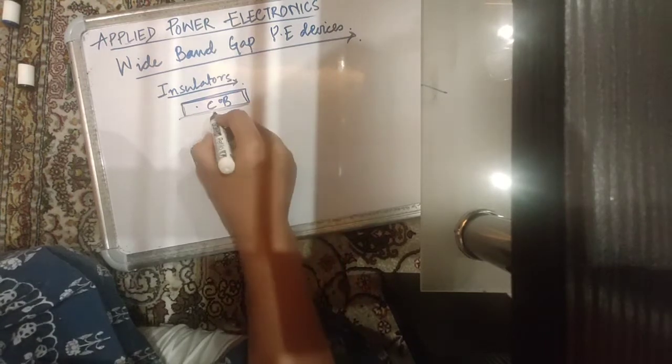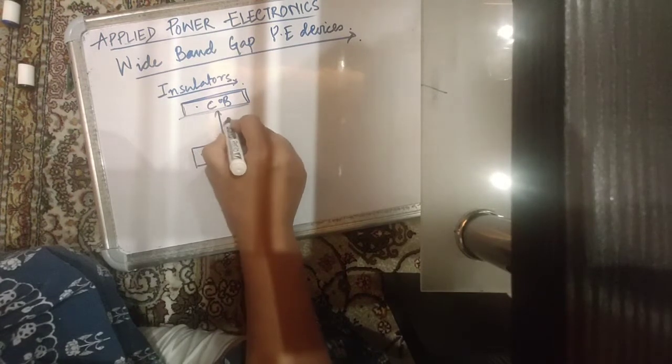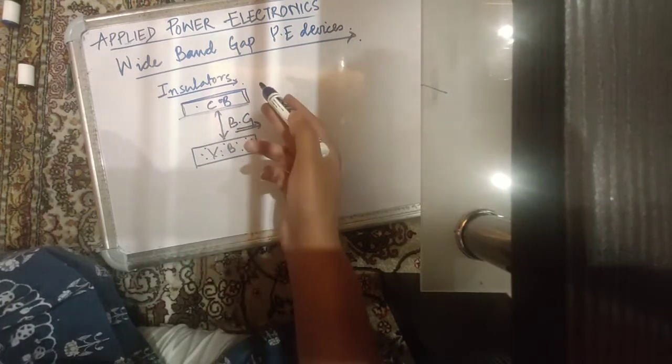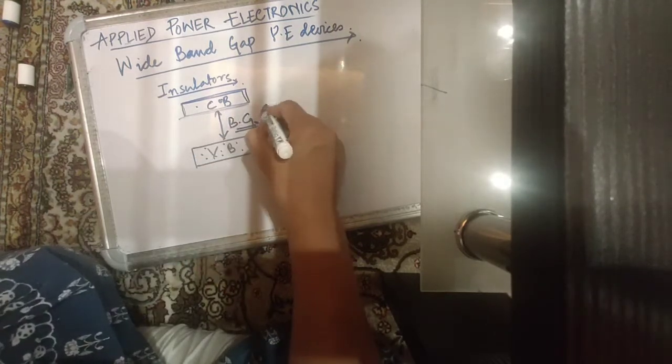In case of insulators, this band gap, that is the amount of energy that they need to absorb to go into conduction band, is very, very, very high.